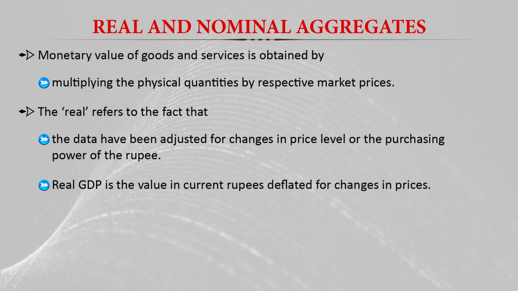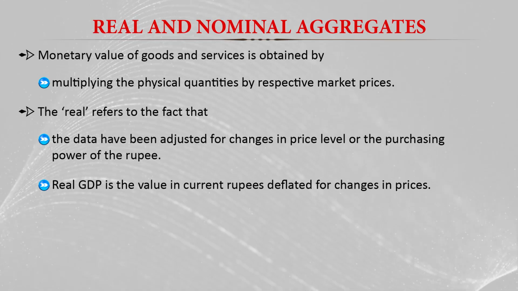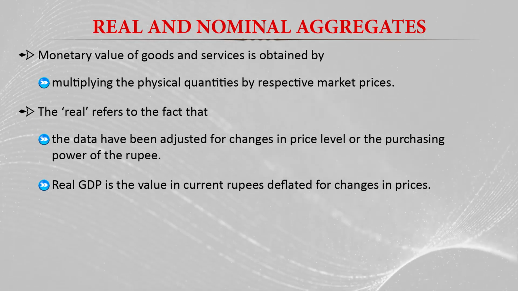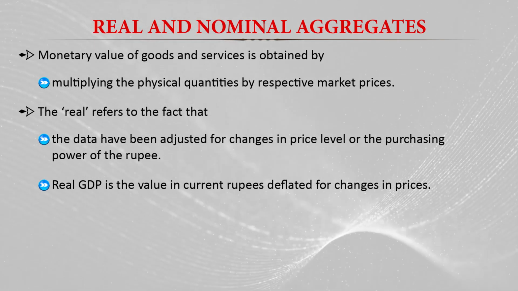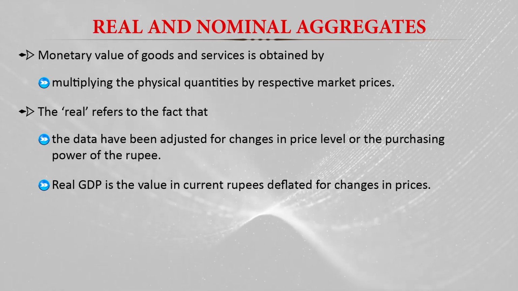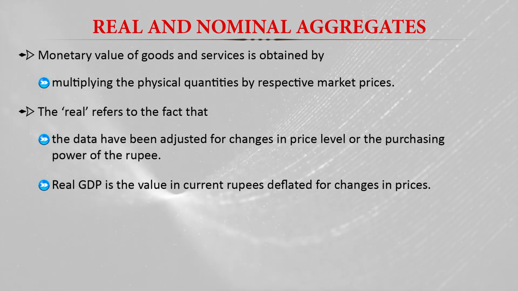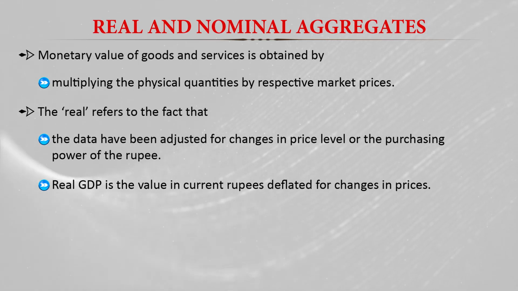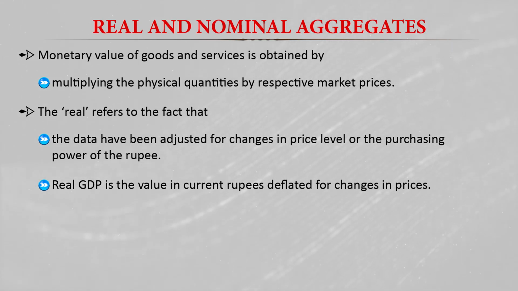So real GDP is the value in current rupees deflated for change in the prices. When we remove the impact of the change in the prices, then we get the real GDP. That is very important. That gives a correct picture of the national GDP.